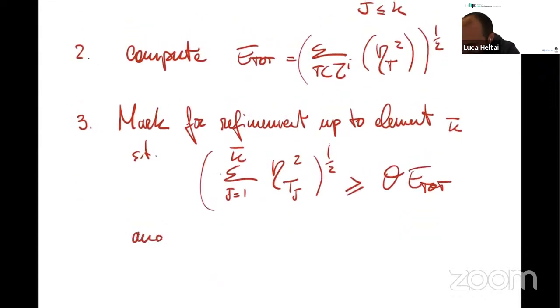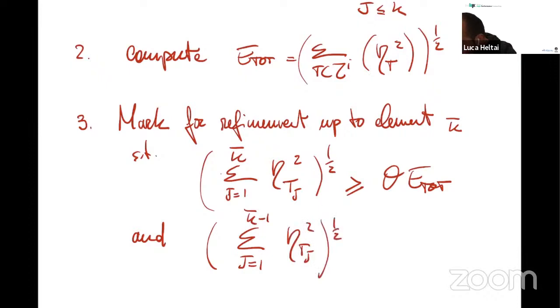And if you take one less, this is false. So you have the sum of eta t j square to the 1/2 is smaller than theta E tot.